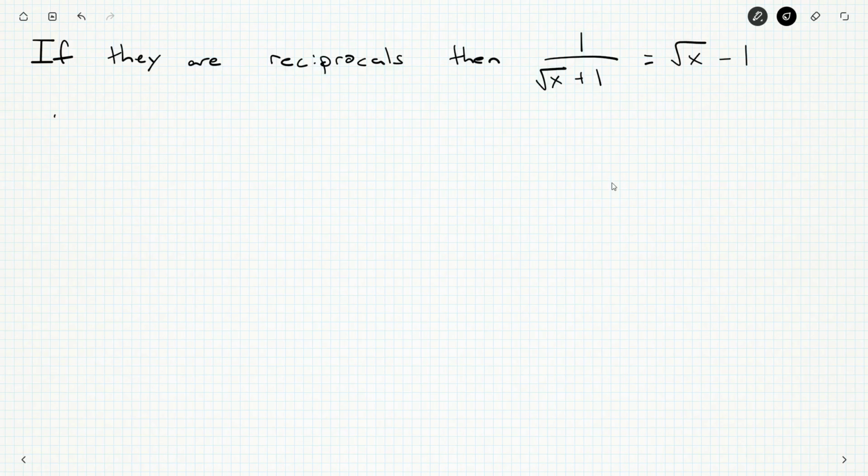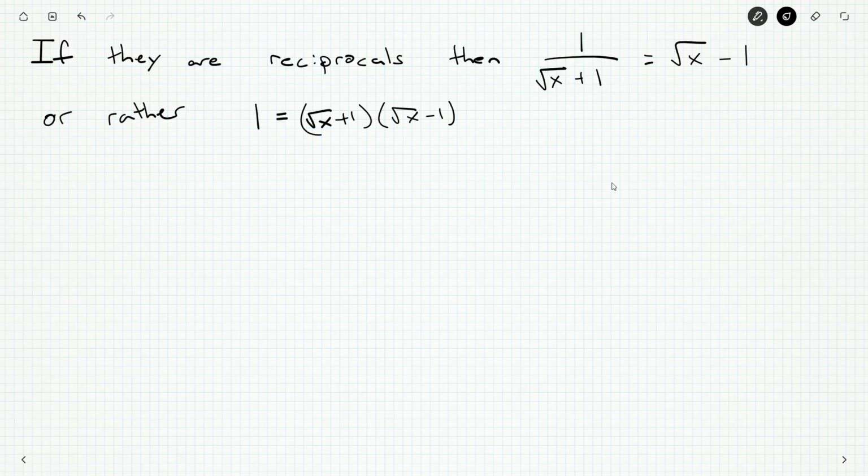Or another way to write this, your reciprocals if your product is 1. So you could get that from this first equation just by multiplying by root x plus 1 on both sides, but 1 is root x plus 1 times root x minus 1. Okay?